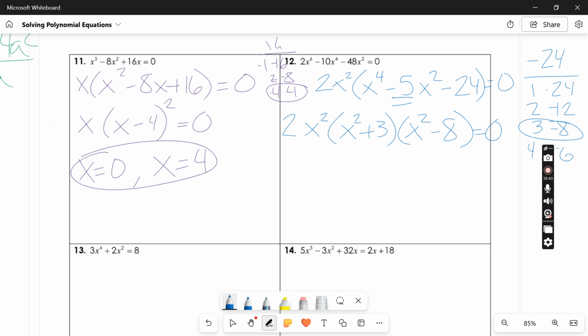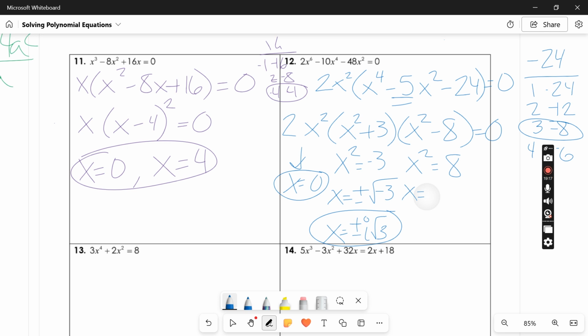Okay, looking for my zeros. This one doesn't have any addition or subtraction, so it would just be x equals 0. This would be x squared equals -3. And this one would be x squared equals 8. Anything that has a squared, I do have to work further. So this would be x equals positive and negative square root of -3, which 3 is not a perfect square and it doesn't break down, but I will write it as i square roots of 3.